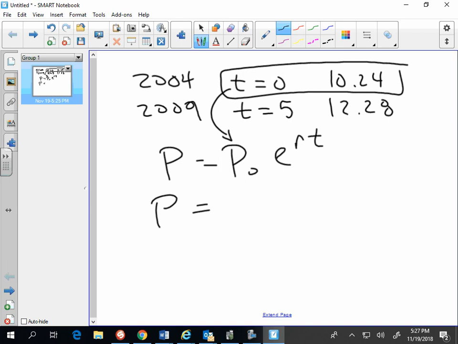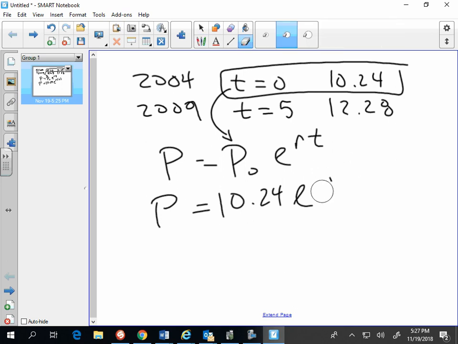I get P equals 10.24 e to the r times 0. Oh, wait a minute. I know r times 0 is 0 and e to the 0 is 1, so that equals 1. I'm sorry, I'm just plugging in P sub 0, e to the rt.